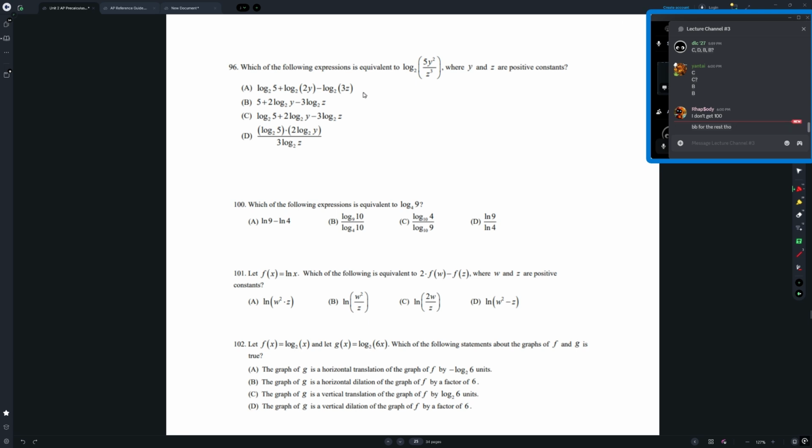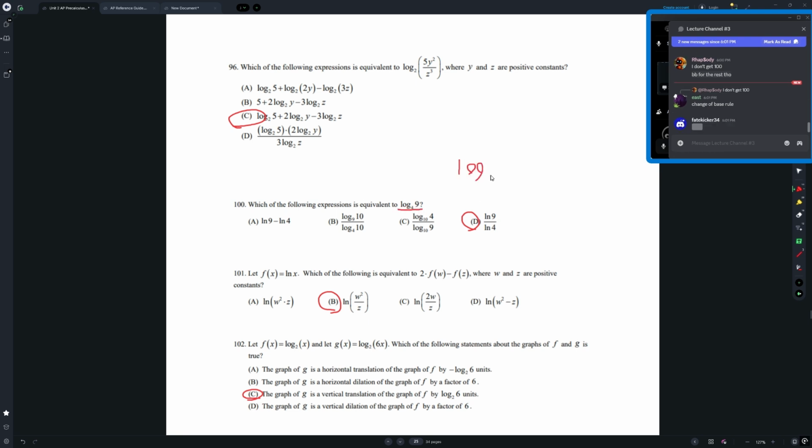So 96 is C. 100 is D. 101 is B. And 102 is C. 100 is change of base, which is log of A over B is equal to the log of B over the log of A, and you can put whatever number you want here.